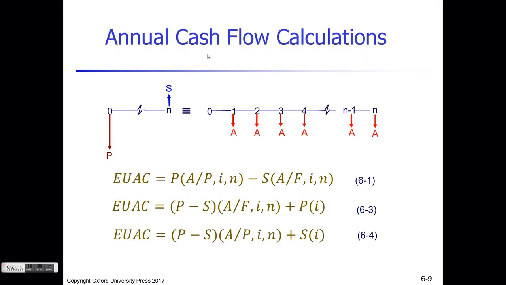For instance, in this specific case, you will have a P, you will have an end time, and then you will have a salvage value, an S. So most of the time you pass P to A, as you see here, with the I, the interest rate.